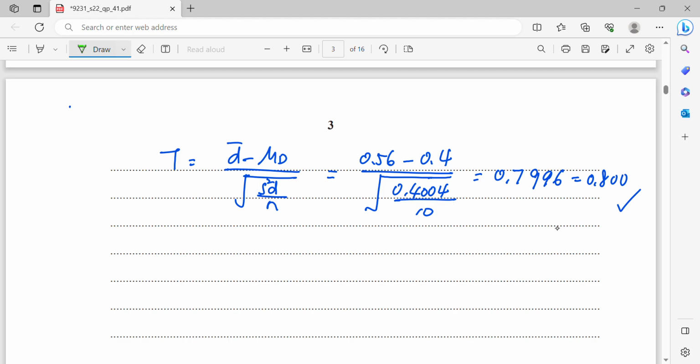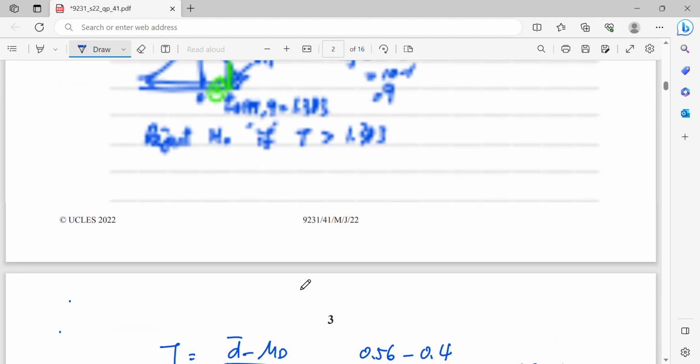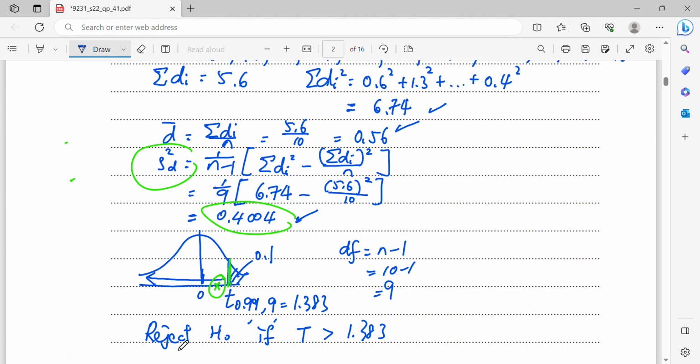So now you may write down your decision here. You can write since t is less than 1.383, then do not reject H0. Reject H0 only when it is greater than. So here we do not reject H0.